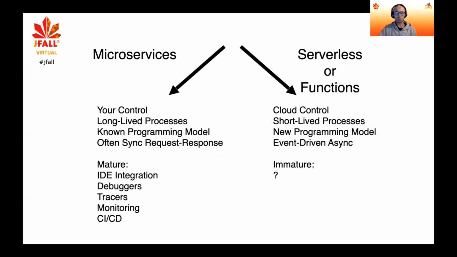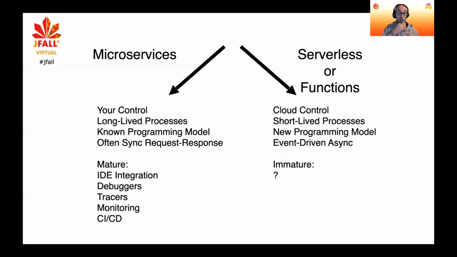But if you want the cloud to control all the life cycle of the process, so you don't need to take care of how to deploy it exactly or where it's going to be deployed, I don't care if there is 1 instance or 2 instances, everything is managed automatically. If your process is a short-lived process, it means that, for example, you are updating it every 3 days, or maybe there is some range of time where you're receiving a lot of requests to this kind of service, but then the rest of the day, this service is doing nothing.